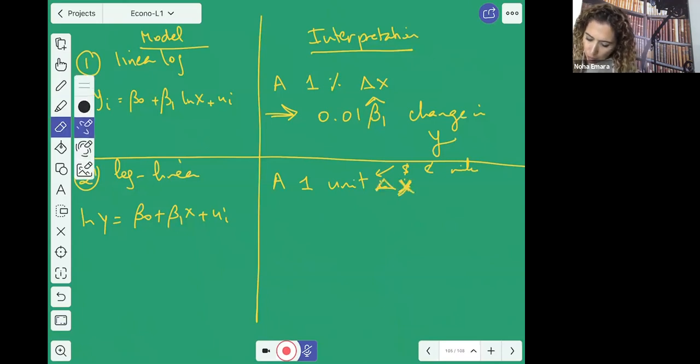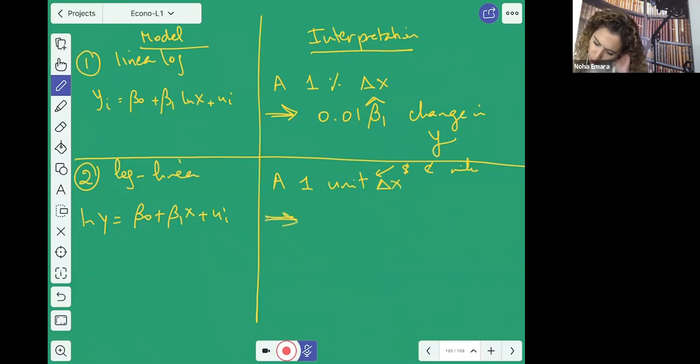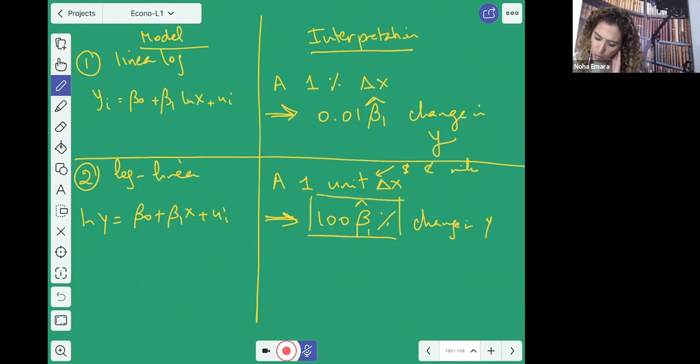When I say unit here, it can be dollar, cents, miles, minutes, anything, but not percent. So a 1 unit change in x implies 100 beta 1, and you add the percentage symbol, change in y. So you multiply times 100 and add the percentage symbol. Remember, in the previous one we didn't add the percentage symbol because y is linear, so I don't need a percentage answer.